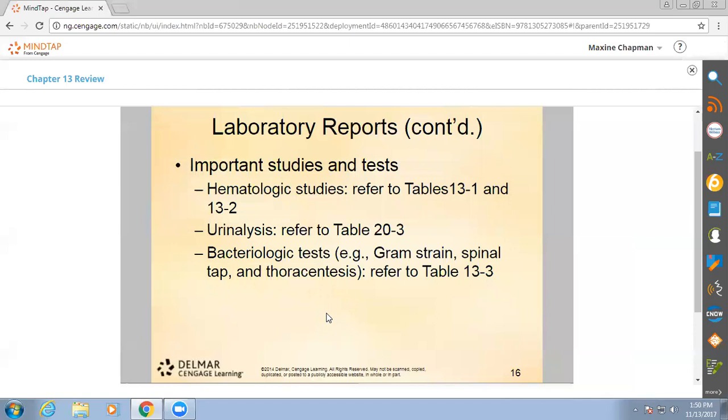So really what you need to know is white blood cells, leukocytes, are 5,000 to 10,000 per mm, which is what? Millimeters? Micrometer?